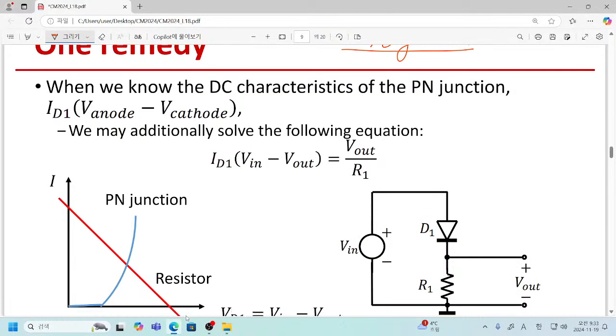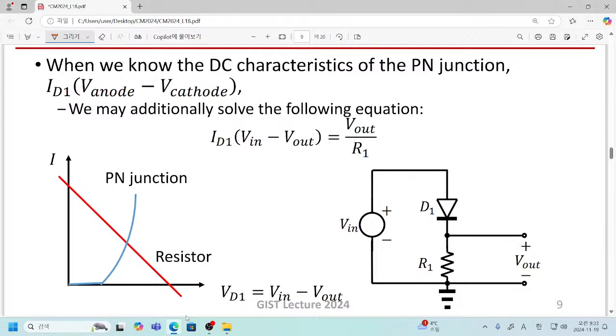Yes, what I wanted to say in this slide is, if we already know the IV characteristics of this single device, then by using this single device characteristic and performing additional graphical analysis, we can calculate this certain output voltage.